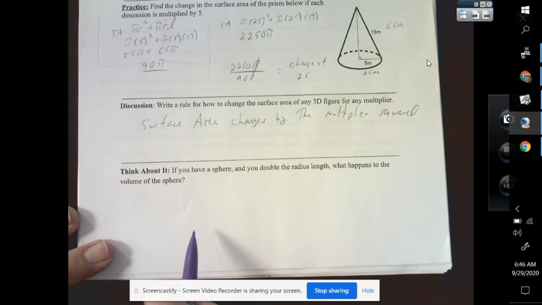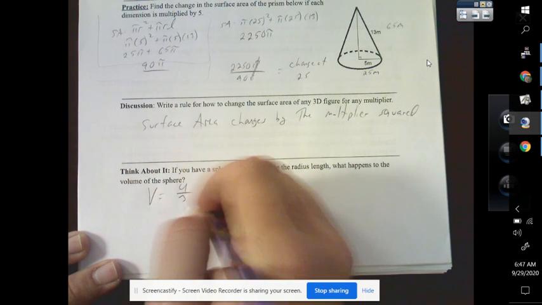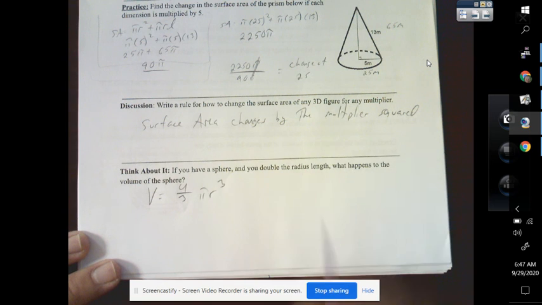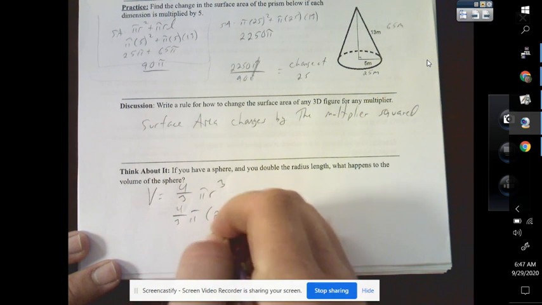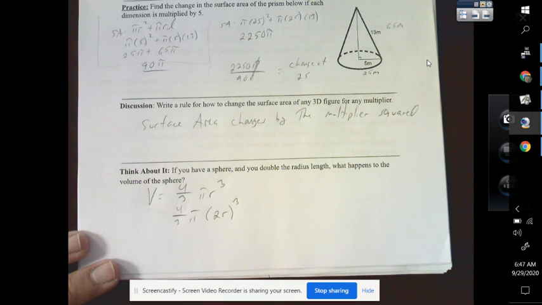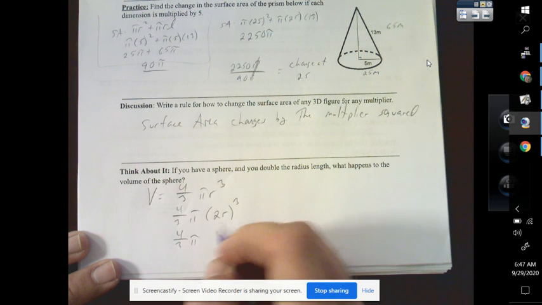If you have a sphere and you double the radius length, what happens to the volume of the sphere? Normally your volume formula is 4/3 pi r cubed, right? If I double the radius, so if I times it by 2, well, when you cube 2, you get 8.